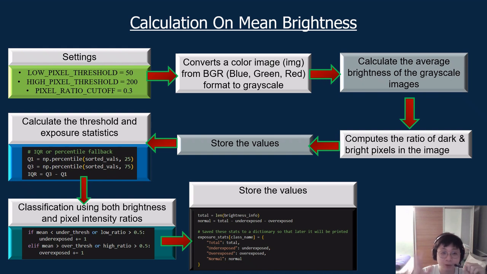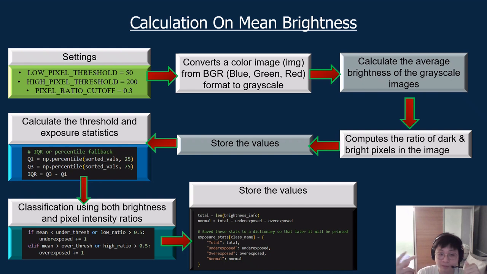After that, we calculate the threshold and find the exposure statistics by using the IQR percentiles, which are the 25th percentile and the 75th percentile of our whole bar chart. And then the classification will use both the brightness and the pixel intensity ratio.